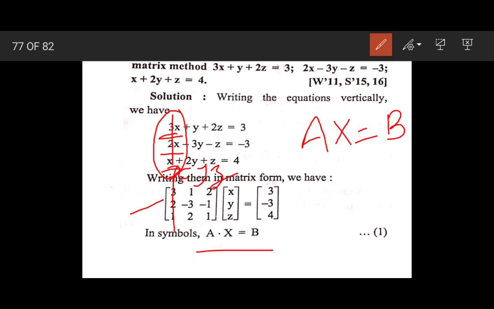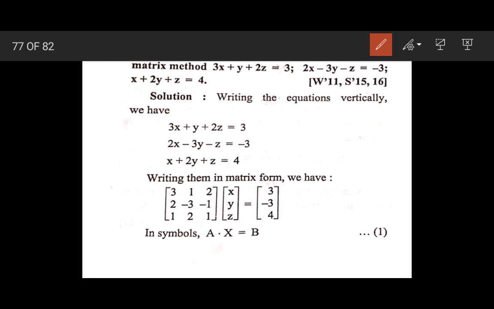Similarly, do this for the y variable. Find the coefficients of y, meaning the numbers with y. In the first equation the number is 1, so 1. In the second equation the number is minus 3, so minus 3. In the third equation the number is plus 2, so here it is 2.